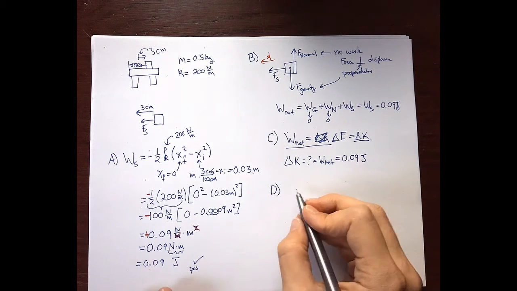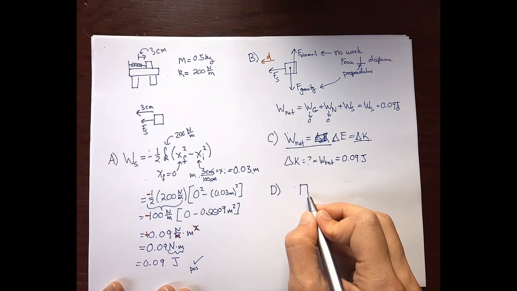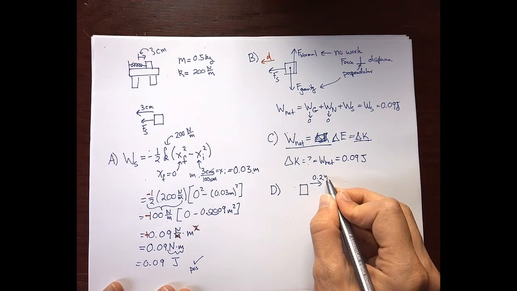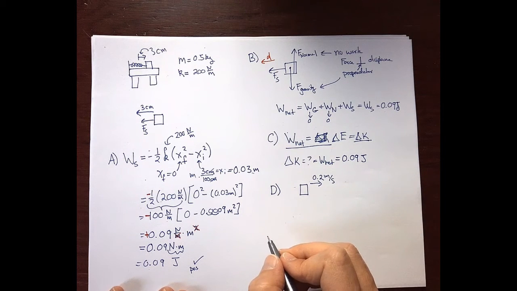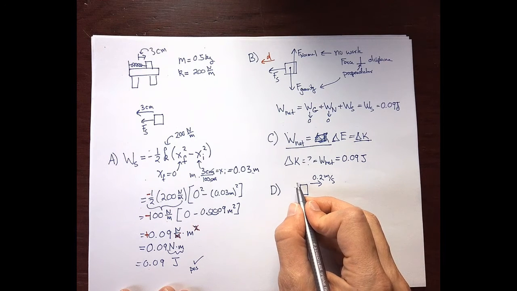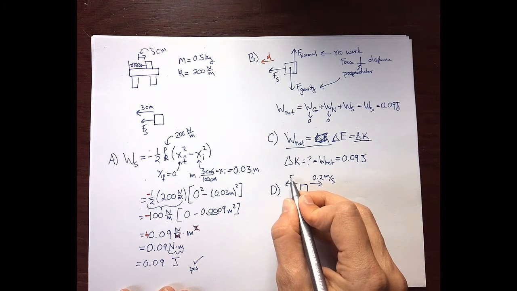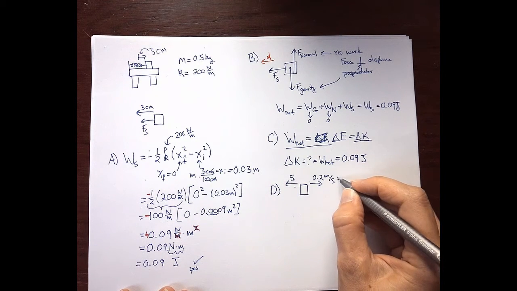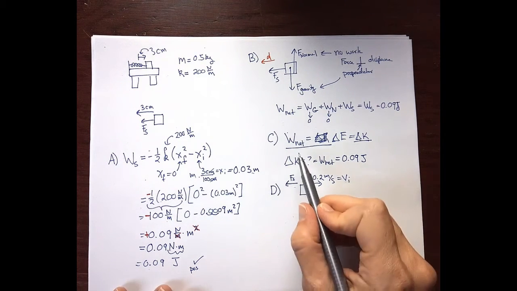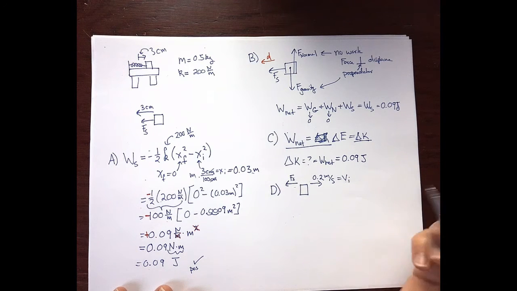D. Here we're told that the block is initially traveling 0.2 meters per second away from the equilibrium length of the spring. So the force of the spring is this way, but it's going that way. That's its initial velocity. And it wants to know how fast is it going when it gets back to equilibrium.